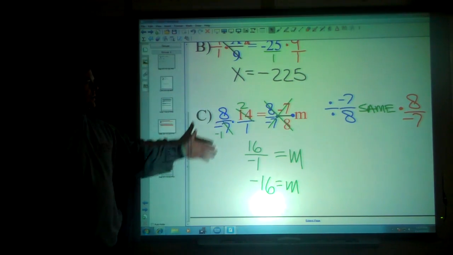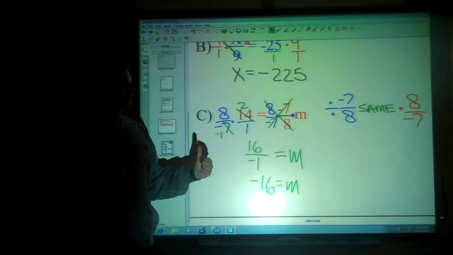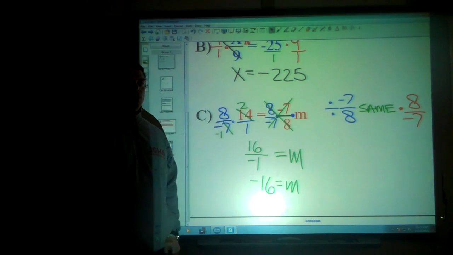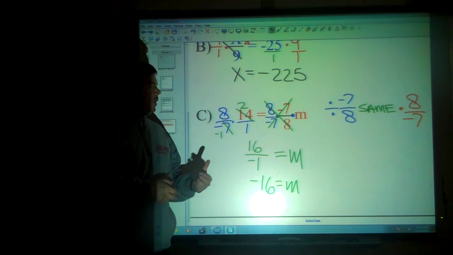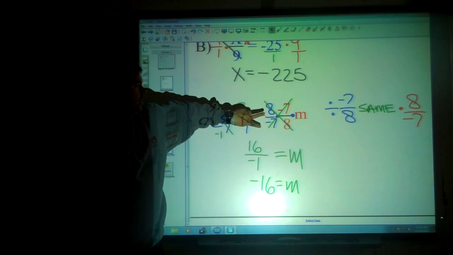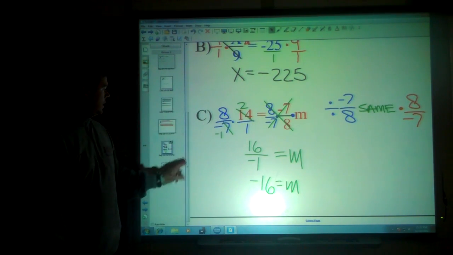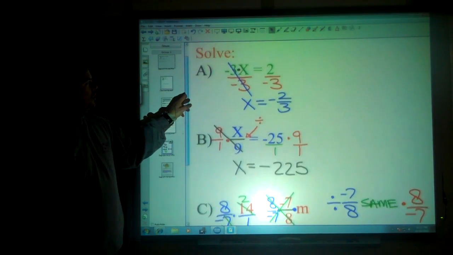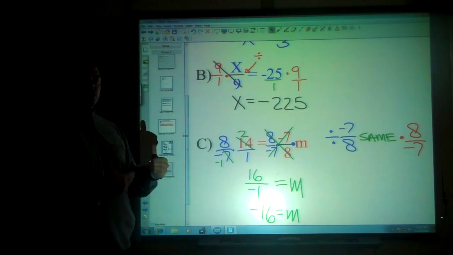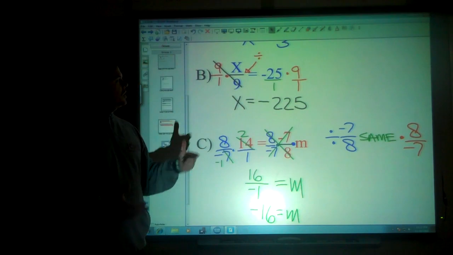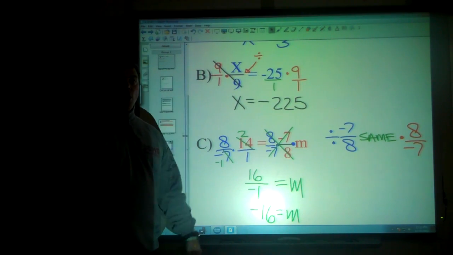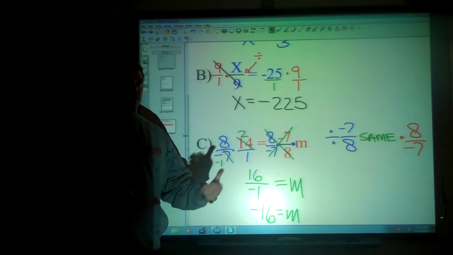This will take some practice. You need to train yourself to think, how do I get the variable alone? I want to use inverse operations. If I see a fraction, I know I can multiply by its reciprocal and it will cancel it out. Again, I'm not changing the value of any of these equations. I'm simply using inverse operations to change its appearance to eventually get the variable to be alone so I can isolate it and thus solve.